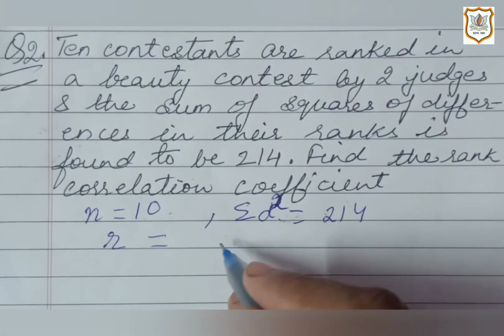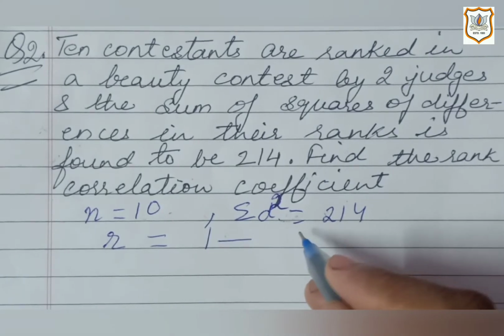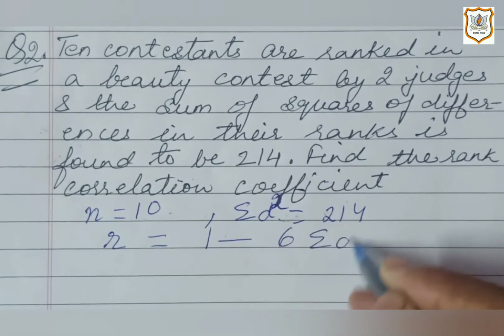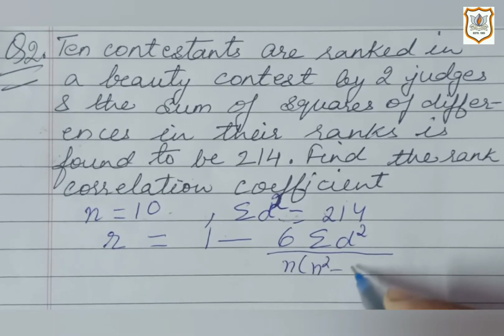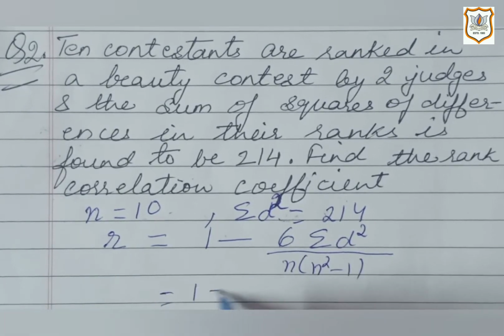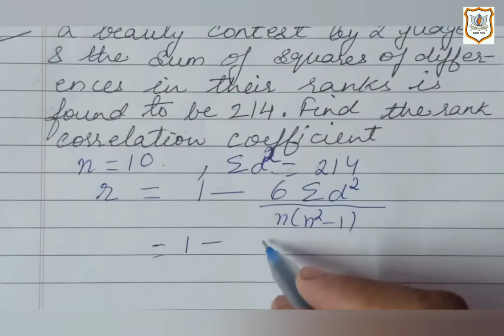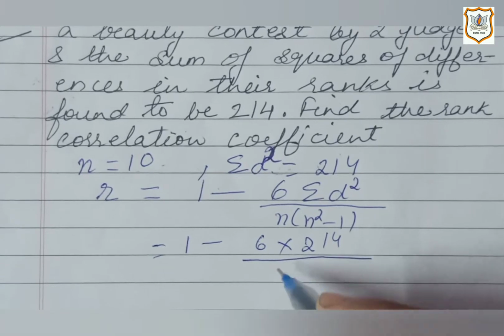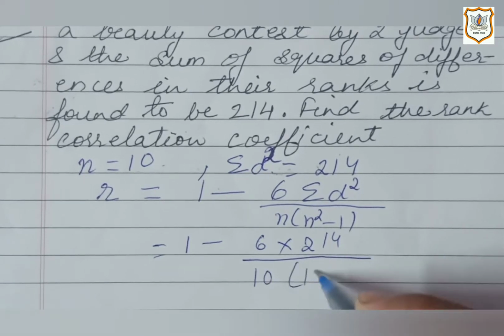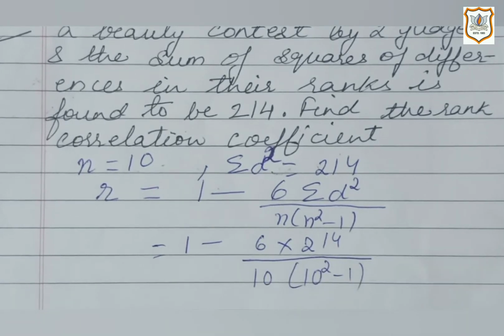So R is equal to 1 − 6Σd² divided by n(n² − 1). So this will be 1 − 6 into 214 divided by 10 into (10² − 1).